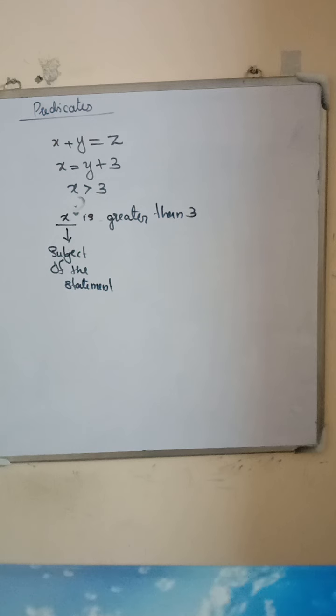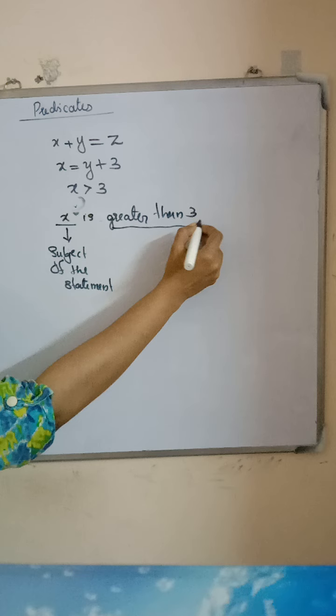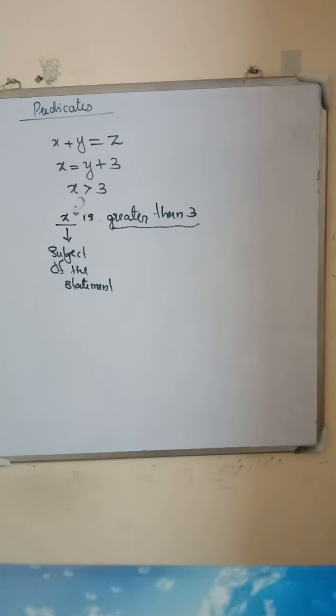The second part, greater than 3, is referred to as the property of the subject. That is known as the predicate.